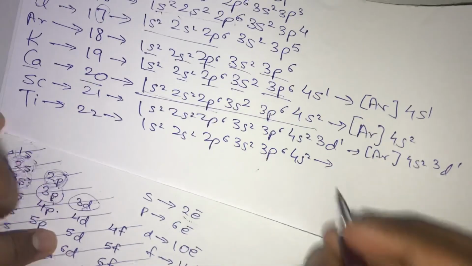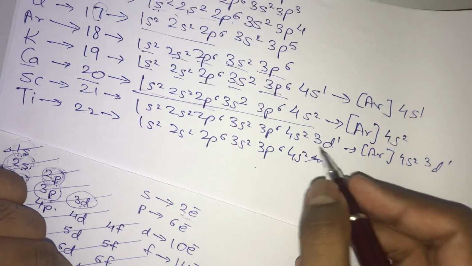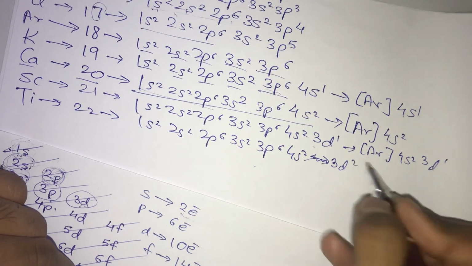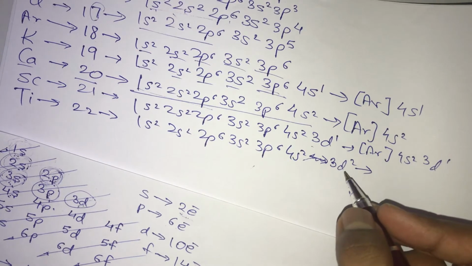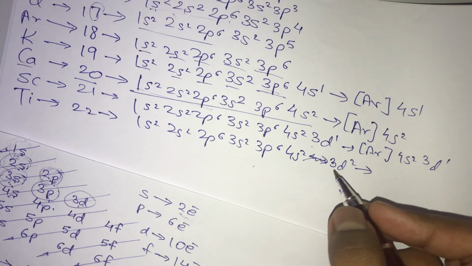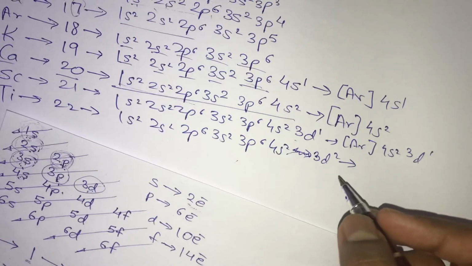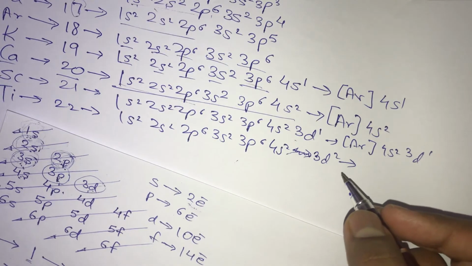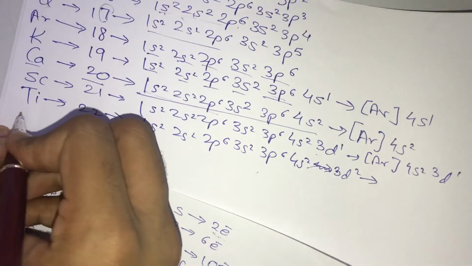After 4s2 you have 2 electrons left. So for the 2 electrons left you are going to write 3d2, and you can write the condensed formula, I hope so. Now after titanium comes your vanadium, whose atomic number is nothing but 23.